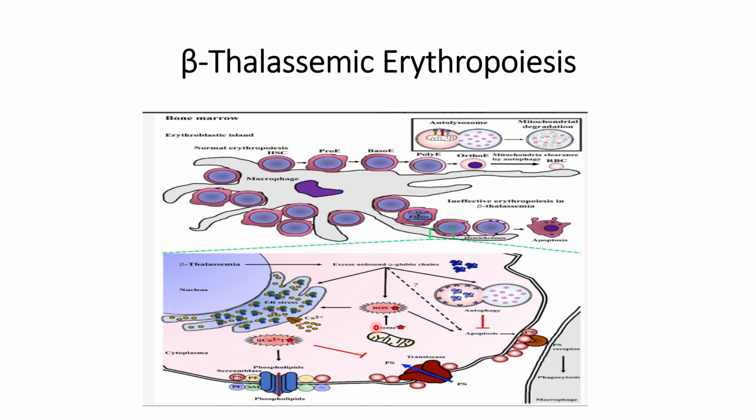Yeah, ROS is reactive oxygen species. So more reactive oxygen species will increase in the cytoplasm of the cells because of the increase of alpha globin.